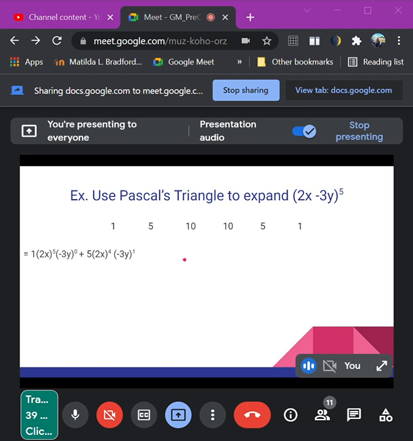Now, for our next coefficient, you have 10. What is the next term?